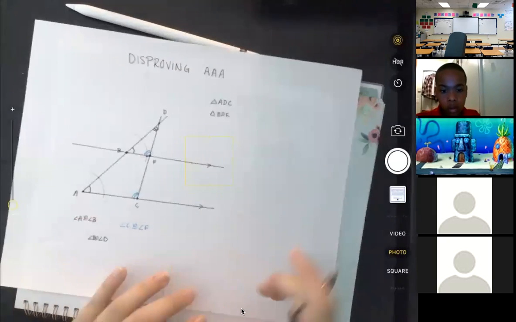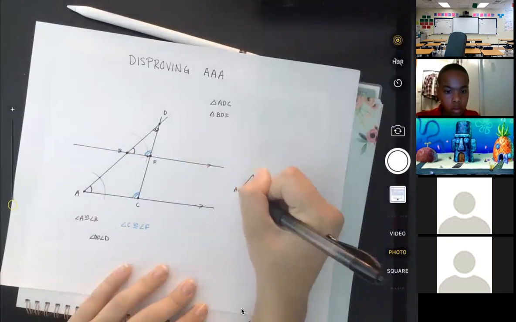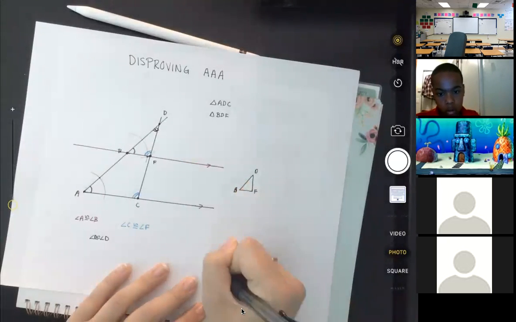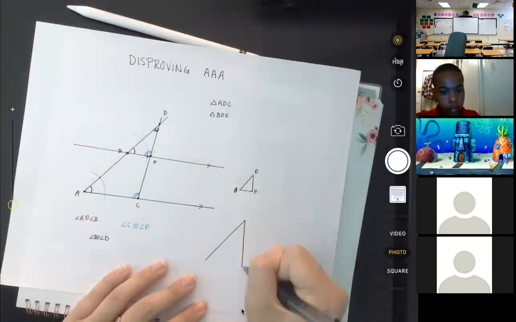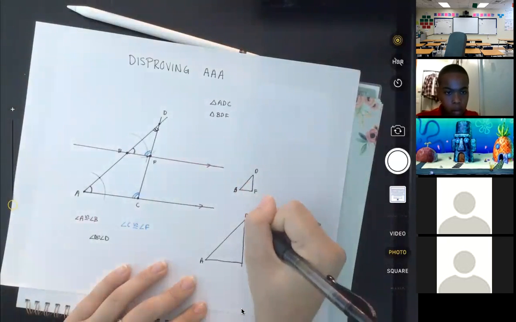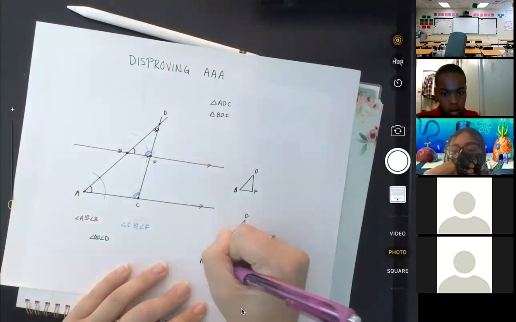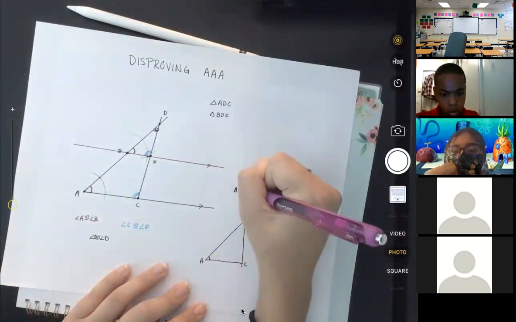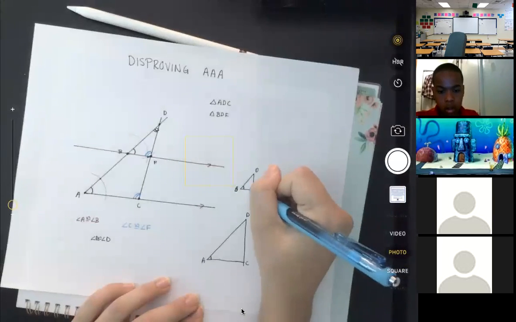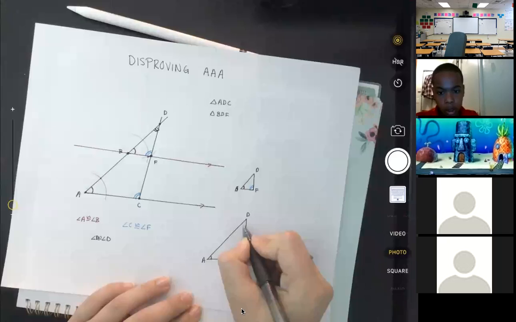So let me redraw these two triangles. I have the little triangle, sorry, this is B, D, F. And then I have the big old triangle, A, D, C. And I know that A is congruent to B, that F is congruent to C, and that D is congruent to itself.